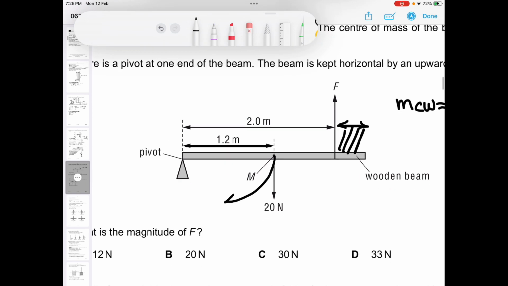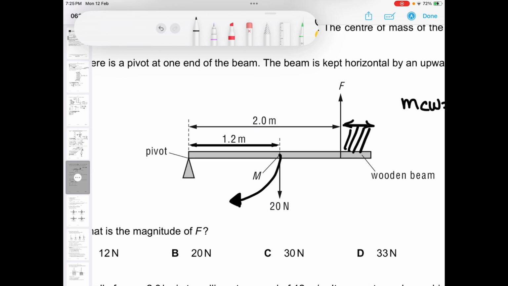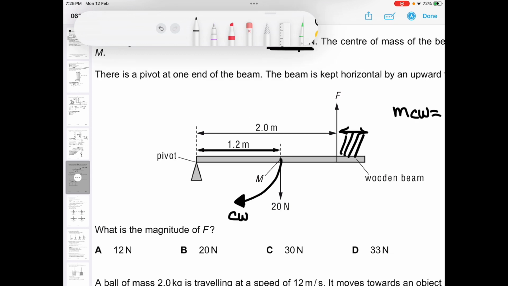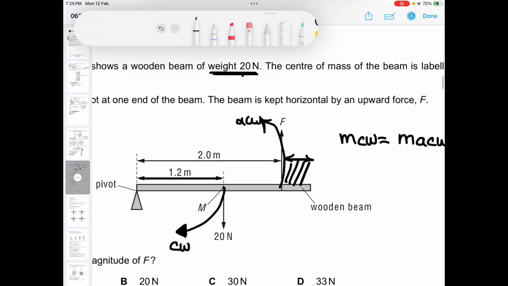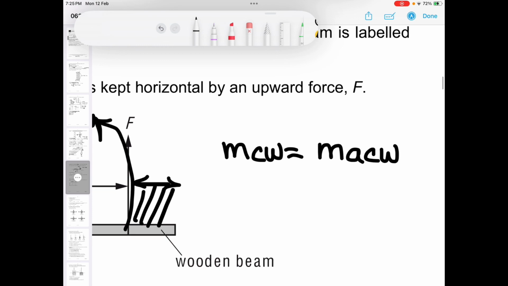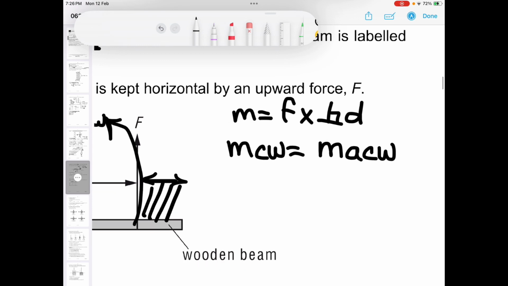Now, the moment due to the weight is going clockwise, and the moment due to this force is anti-clockwise. So, moment, as we know, is equal to force times perpendicular distance.